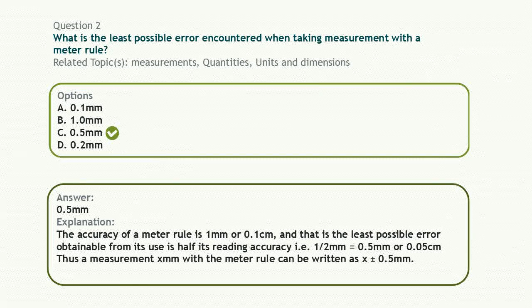So if somebody reads it to be 10.5, for example, that would still be correct. If somebody reads it to be 9.5, that's 10 minus 0.5, that would still be correct. So anything within the range of 9.5 to 10.5 would still be a correct measurement for that length.